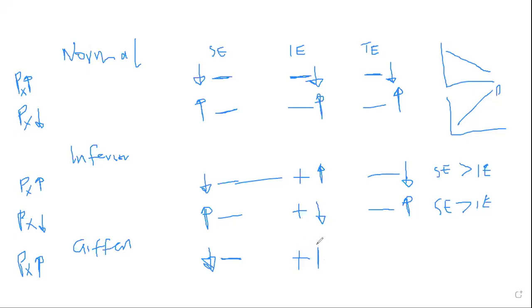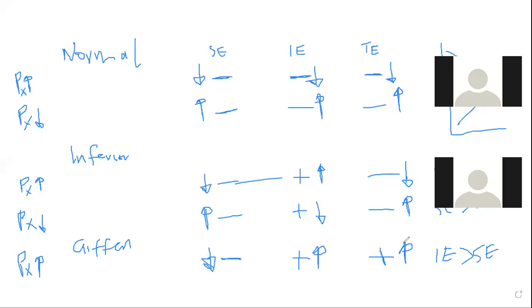That leads to an upward sloping, an increase. However, the total effect is positive, because the positive income effect outweighs the negative substitution effect. That is why for Giffen goods, when price increases, the consumer will buy more of a Giffen good.